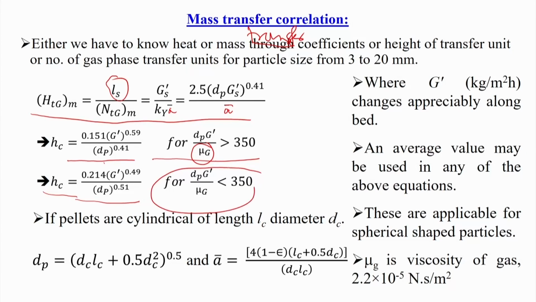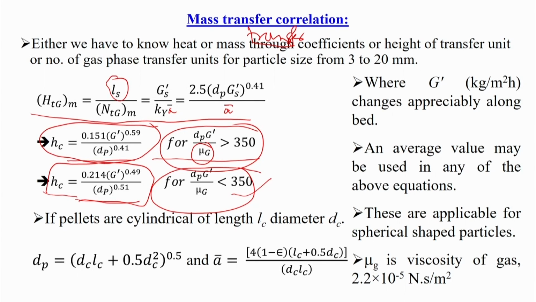So whenever dp into G prime by mu g is less than 350, we get Hc using this formula, and when it is greater than 350, we get Hc using 0.151 into G prime to the power 0.59 by dp to the power 0.41.